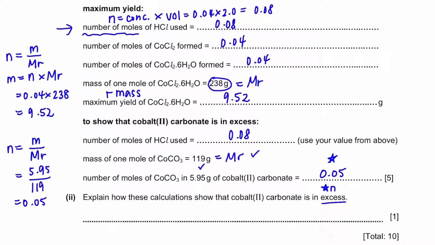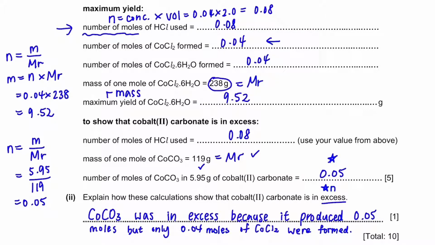But in the end, from our previous calculations, we can see that only 0.04 moles of CoCl2 was formed. And since the ratio of CoCO3 to CoCl2 is 1:1, we can say that CoCO3 was in excess because 0.05 moles were available, but only 0.04 moles of CoCl2 were formed.